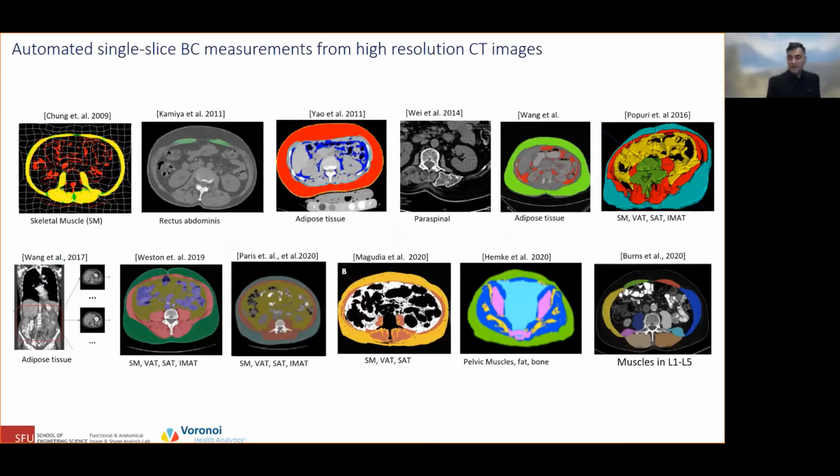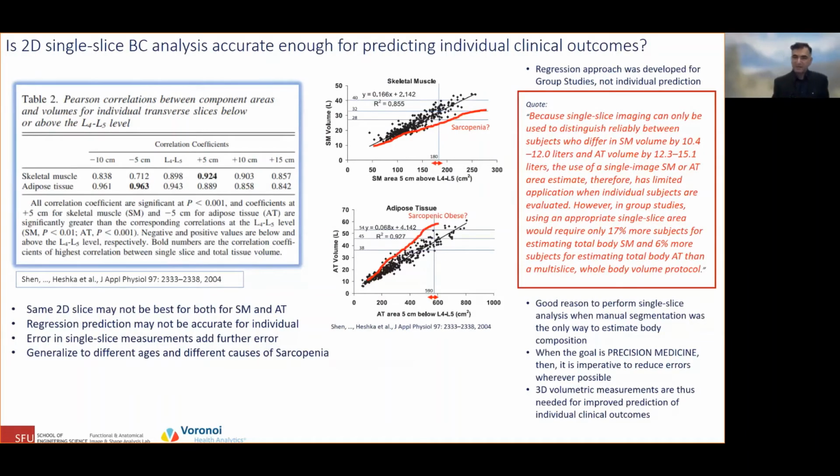Now this has been there for about a decade, but the question to ask is: is 2D single slice based body composition analysis accurate enough for predicting individual clinical outcomes? In this seminal paper from 2004, Shen et al. showed that the same 2D slice may not be the best for both skeletal muscle and adipose tissue.